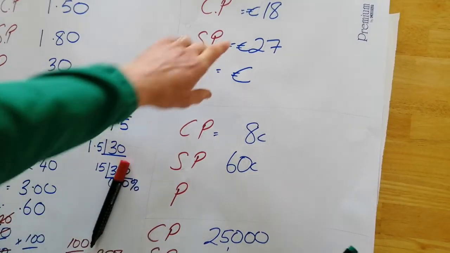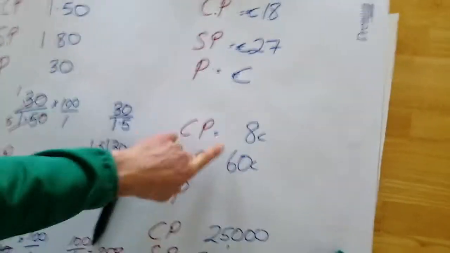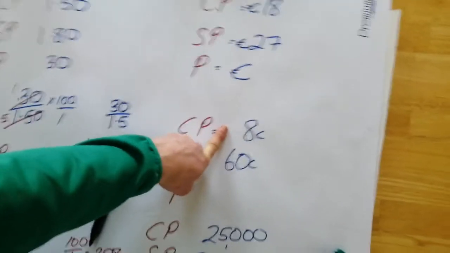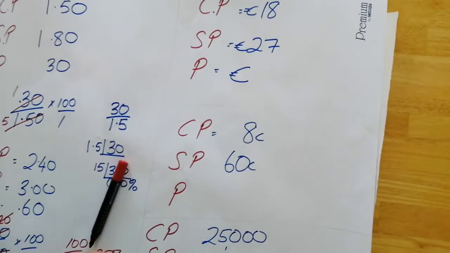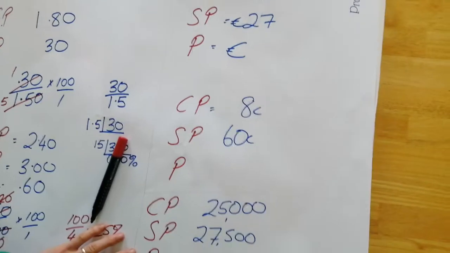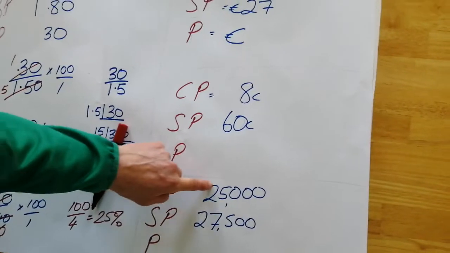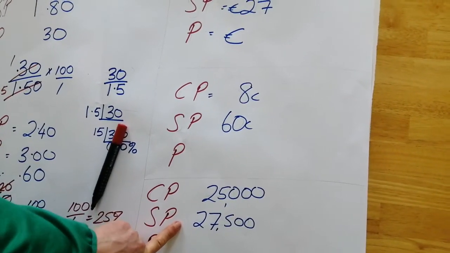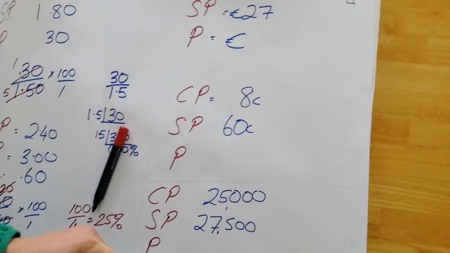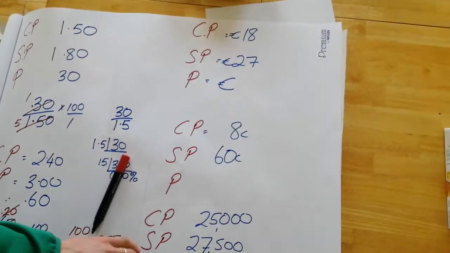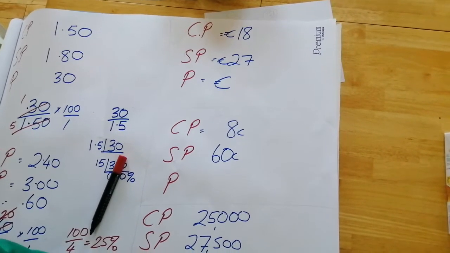Like maybe a football might cost 18 euro to buy in a shop, and they might charge you 27. 8 cent, it might cost 8 cent for Centra to buy a banana, and they might charge you 60. So they're going to make a really big profit on that. And for the bottom one down here, that's going to be the cost of what a garage might pay for a car, and they might sell it to you for that price. So 3 to do. When you haven't done, just pause the video, and I will then do them on the sheet. Okay, pause it now.